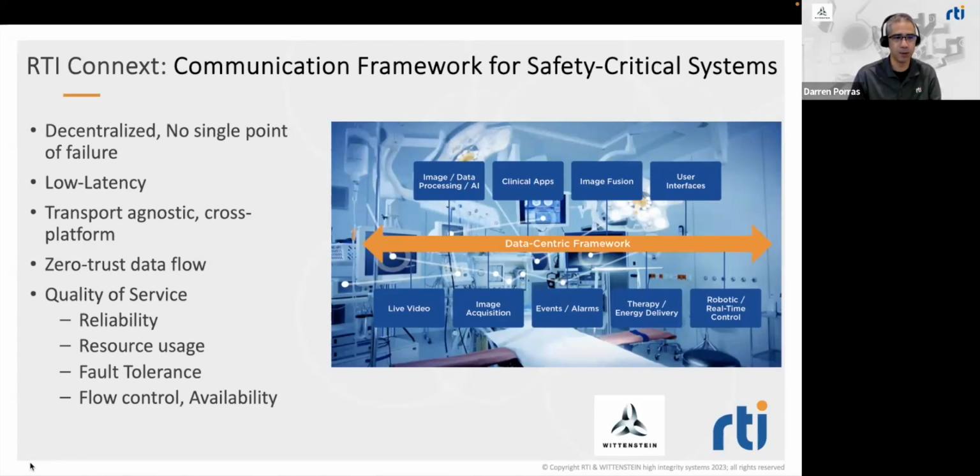So this framework really ties together and addresses these complex challenges of this need for real-time data sharing across heterogeneous applications, devices, and systems, leveraging a standards-based, fault-tolerant framework for that development.